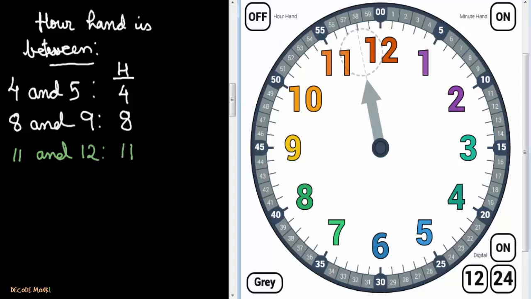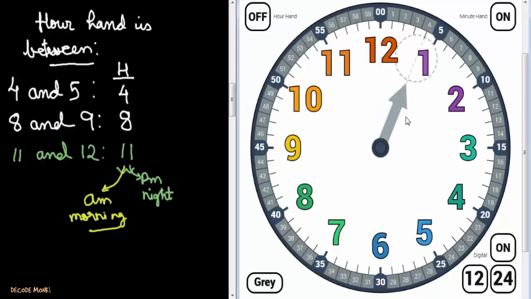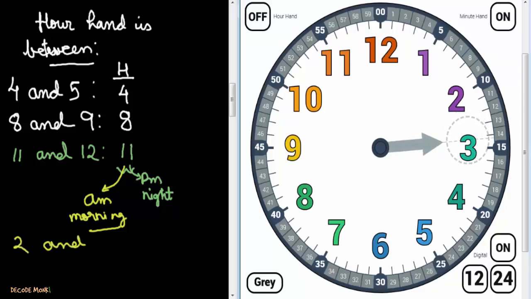And is it AM or PM? It depends on the timing of the day. If it is night, then it must be 11 p.m., and if it is morning, then it's AM. It depends, but the hour is 11 only. If the hour hand is between 2 and 3, even very near to 3 but still not 3, then the hour is still 2.